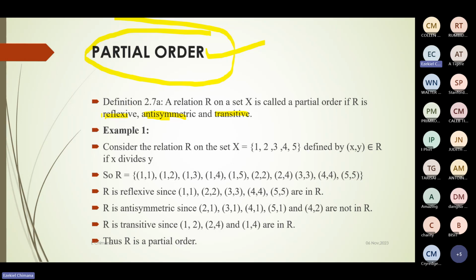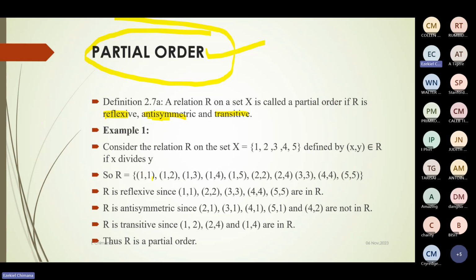If it is reflexive and antisymmetric and transitive at the same time, it means that relation is a partial order. If you are asked to prove that this relation is a partial order, you need to prove that it is a reflexive relation by stating the properties of a reflexive relation. And then you go on to check if it is antisymmetric and check if it is transitive. If it satisfies that, then you can say that this relation is a partial order.